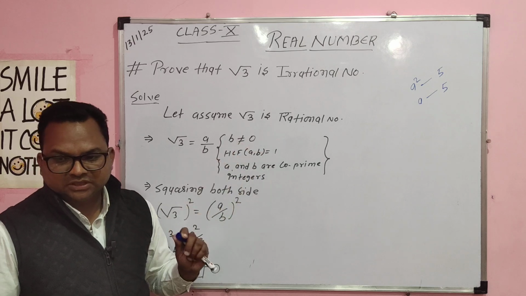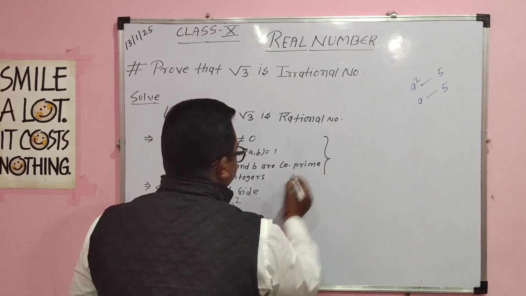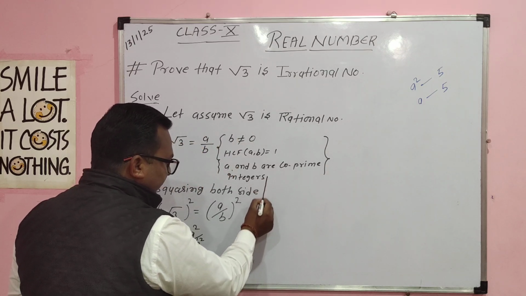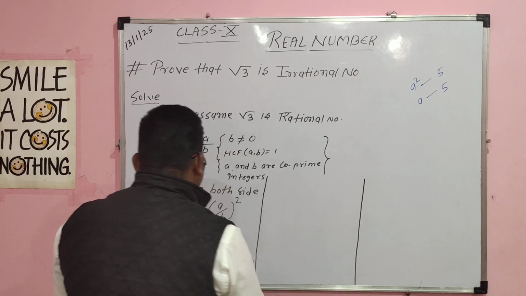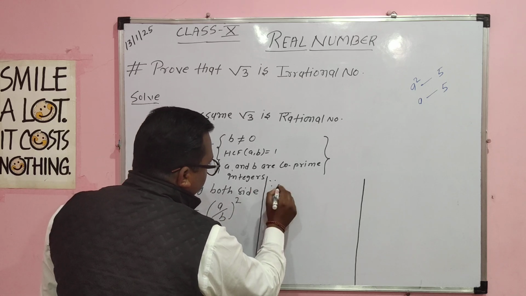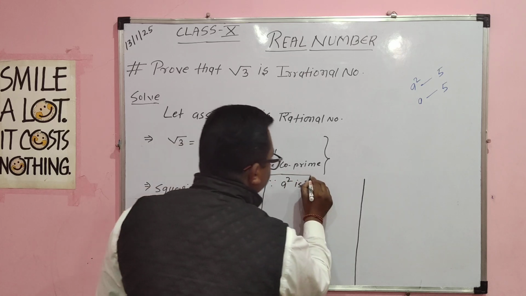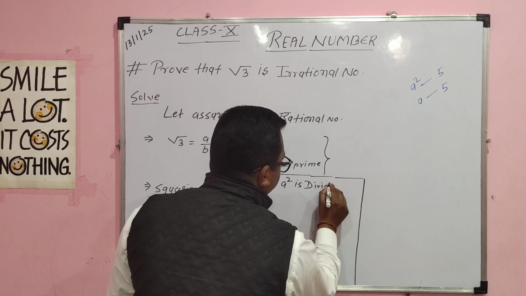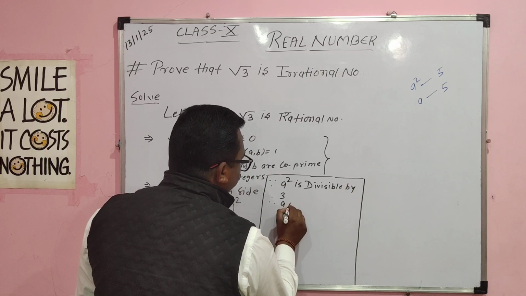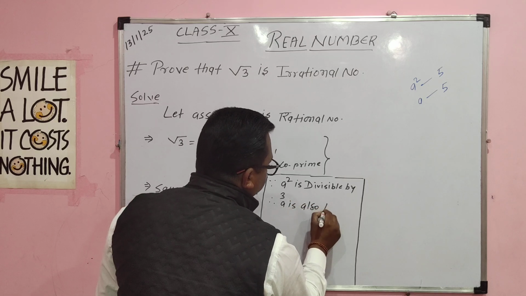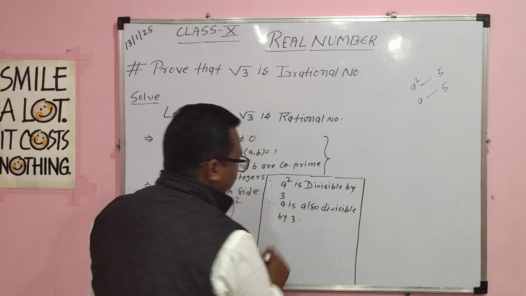So we use the theorem and write here: if a square is divisible by 3, then a is also divisible by 3. Understand or not?